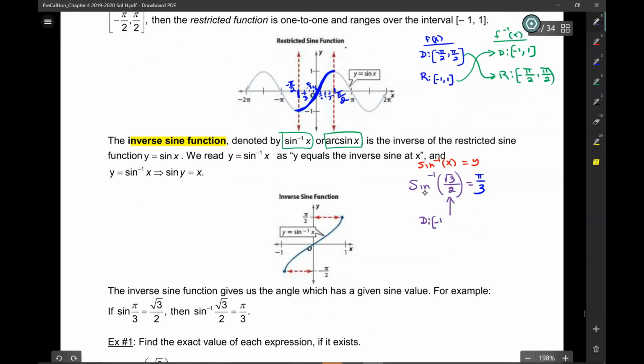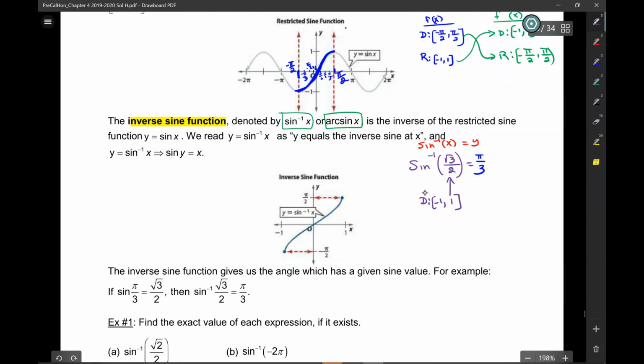So at any given time, the number that goes in that parenthesis for inverse sine must be between negative 1 and 1. How much is root 3 over 2 these days? If you put it in your calculator, it's 0.8660. It's between negative 1 and 1.